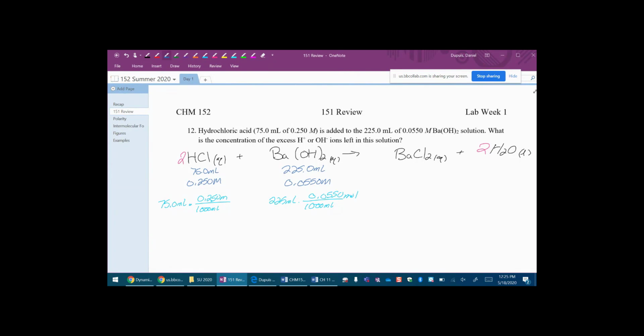I get 0.01875. I get 0.01235. I know that's extra sig figs.